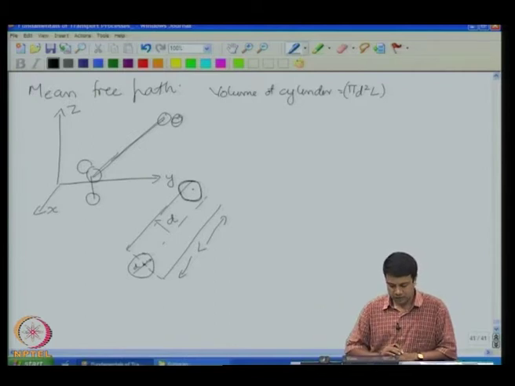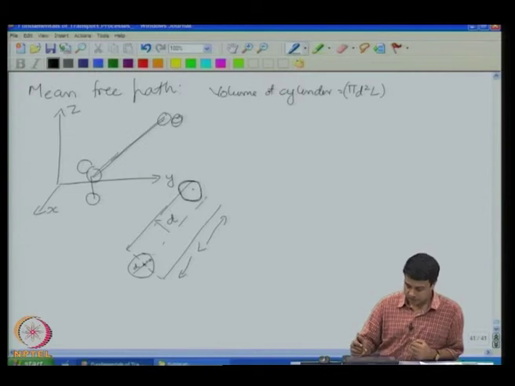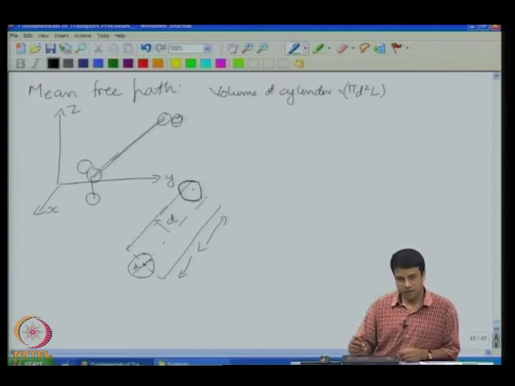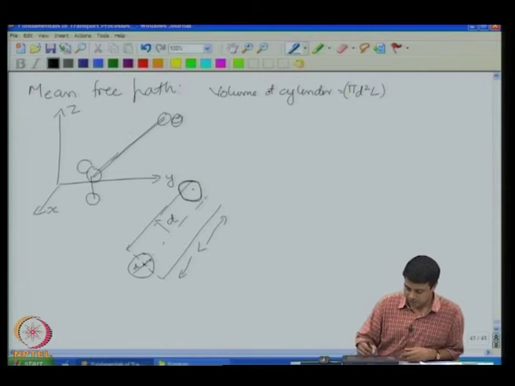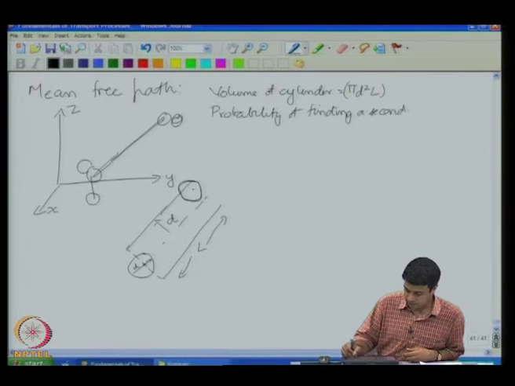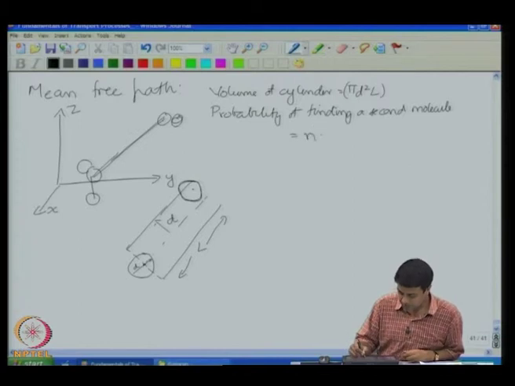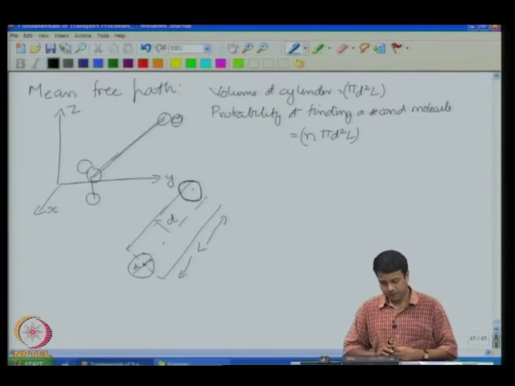So, let us estimate the probability of finding a second molecule within a cylinder of length L. It is going to be equal to the number density of molecules times pi d square L. n is the number density of molecules, number per unit volume. Pi d square L is a volume. So, the product of these two becomes just a number.